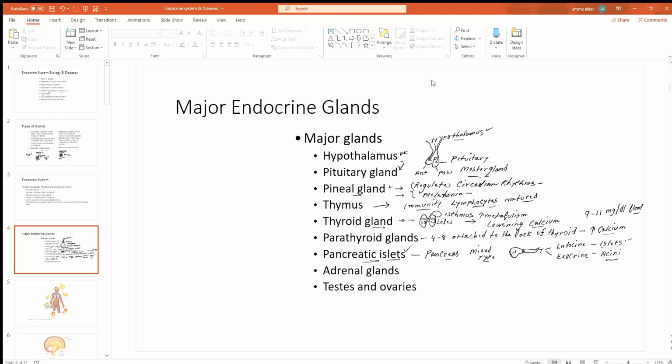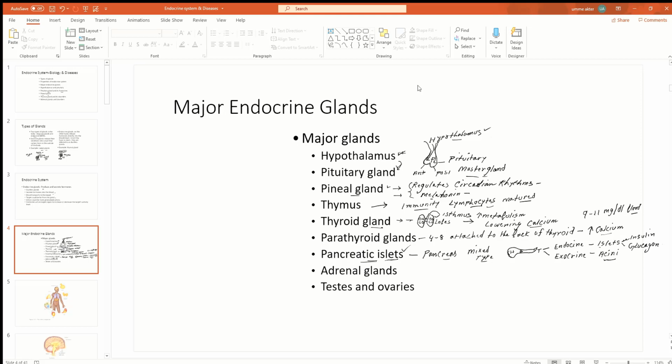Now pancreatic islet produces two very important hormones, insulin, all of you know about it, right? Insulin and glucagon. Okay, insulin, probably most of you know, is a hormone that is responsible for lowering the blood sugar, right?